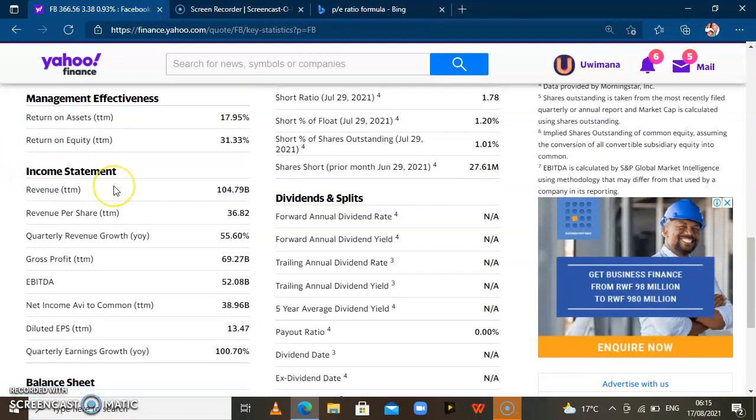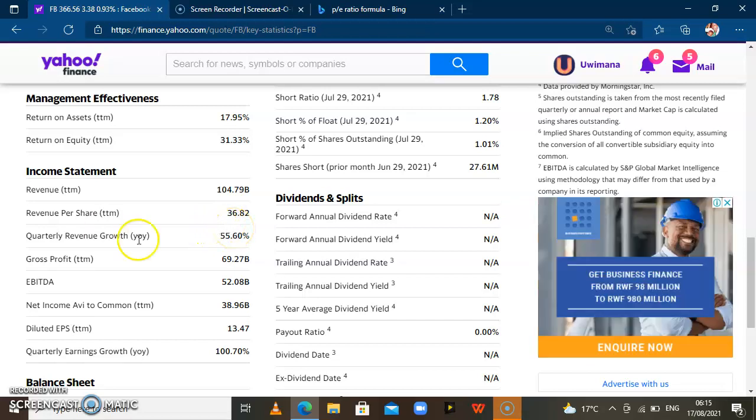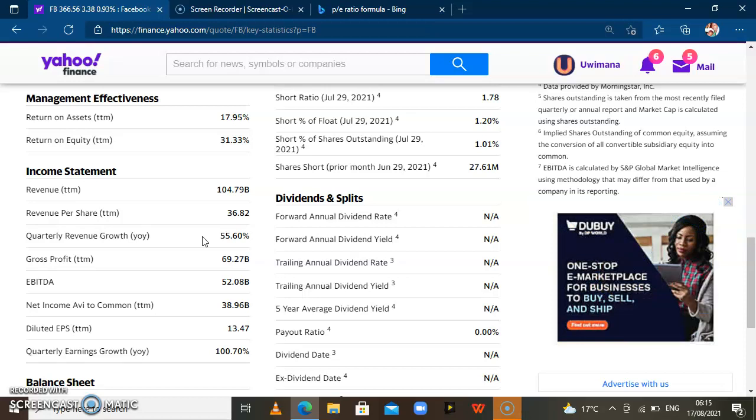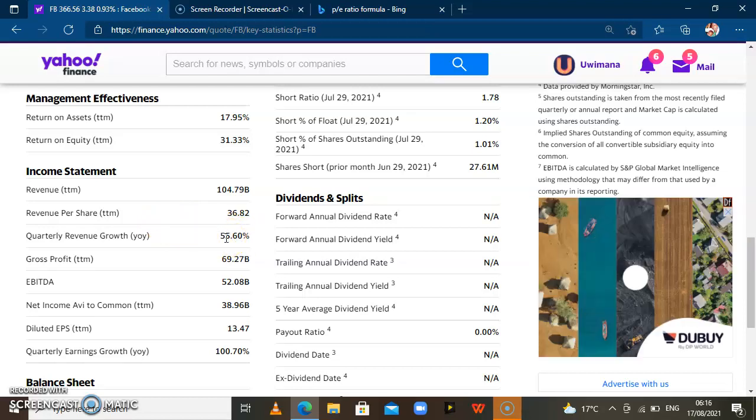But income statement, now this is when we start looking into the fundamentals a little bit, right? So income statement, you can see the revenues it's making, $104 billion. And you can see the revenue per share and the quarterly revenue growth. You can see that year over year, this was the Q2 of this year, and compared to the Q2 of 2020, it's grown 55.6%, which is very good, as I can say.